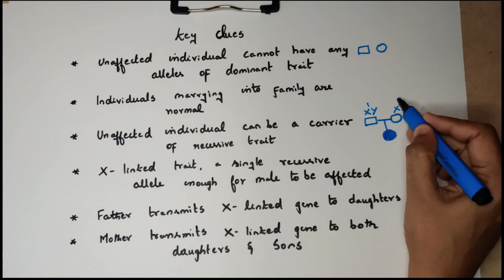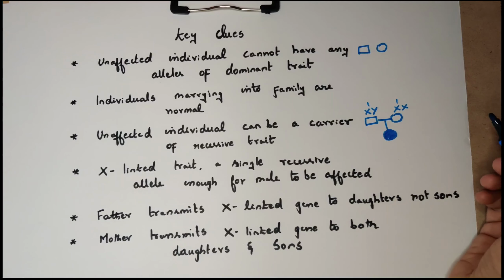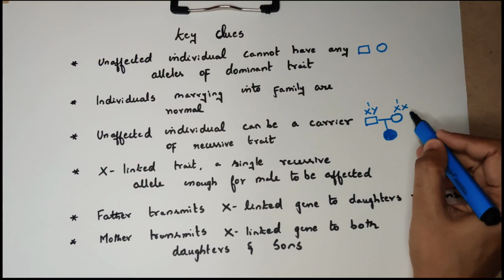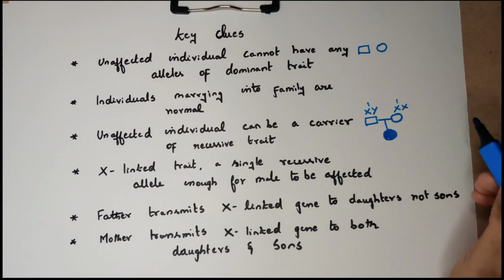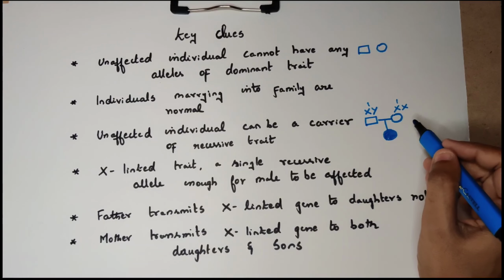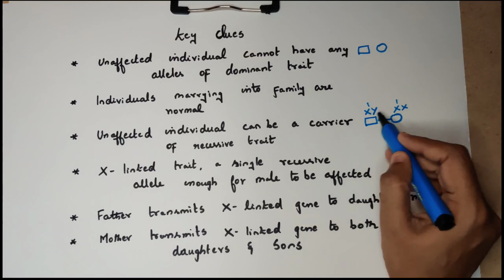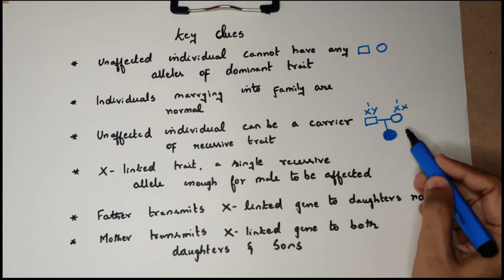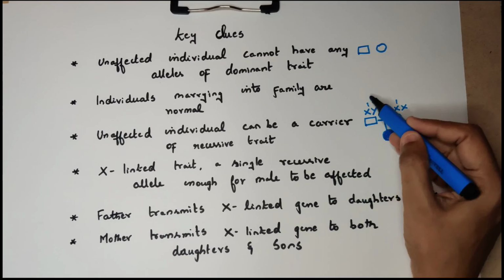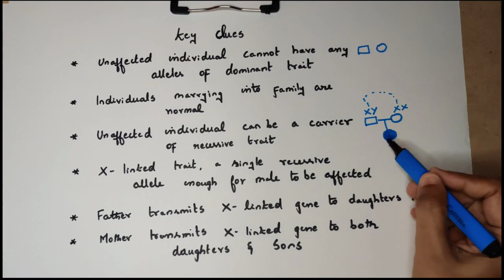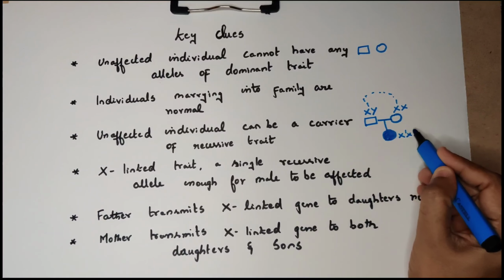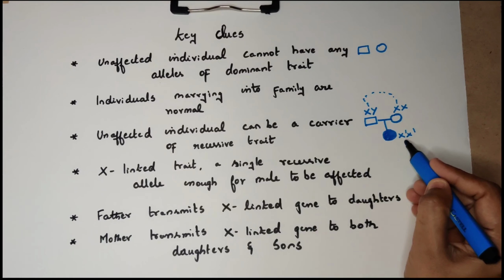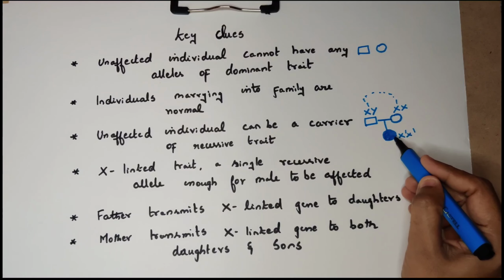For example, this X is affected, this X is affected. And this is supposed to be a recessive trait. I already told you, for a recessive trait to express, these two genes should come together. Then only they will be affected. So in this case, these two genes have unfortunately joined together. So that is why a female is born for an unaffected carrier person, so that the female is affected here.